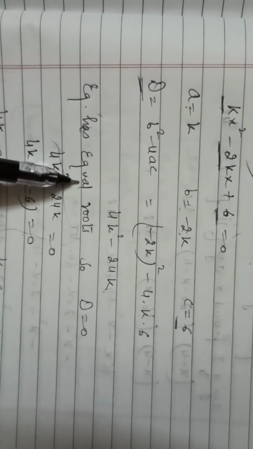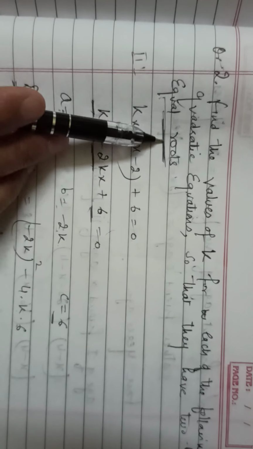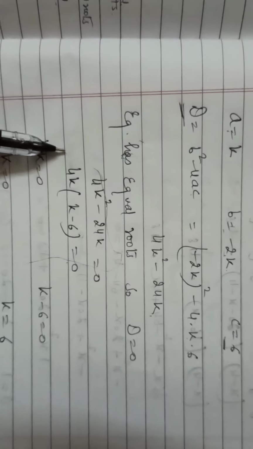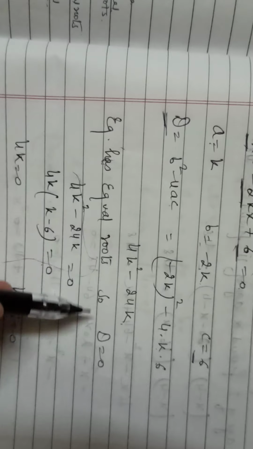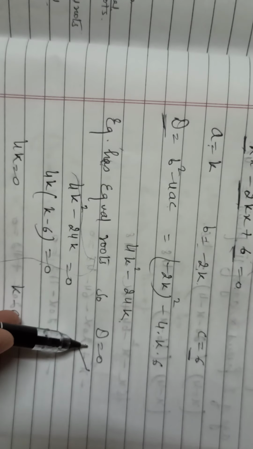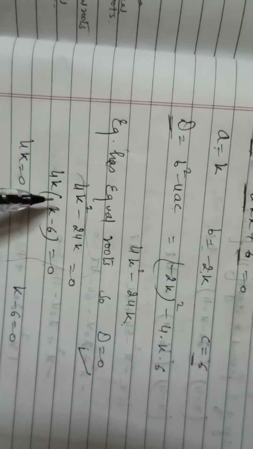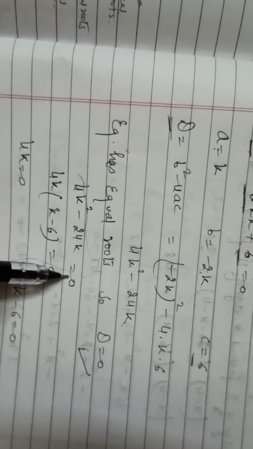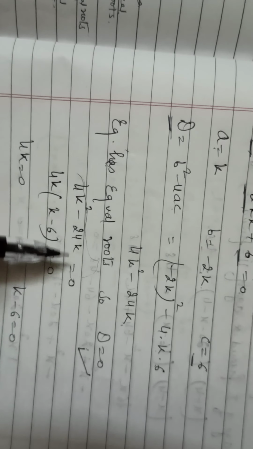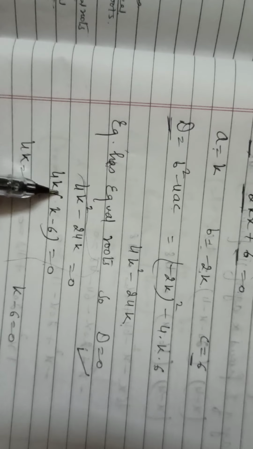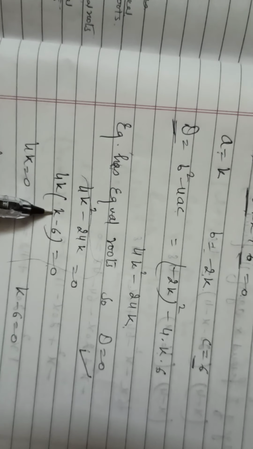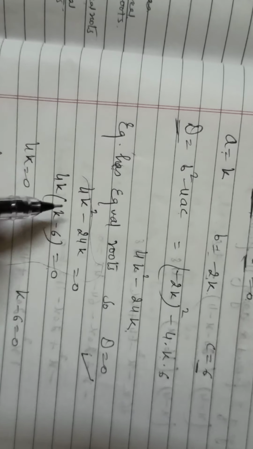Now because the equation has real equal roots, d should be equal to 0. You can say 4k square minus 24k should be equal to 0. Take 4k common. In the bracket what will be left? K minus 6 is equal to 0.